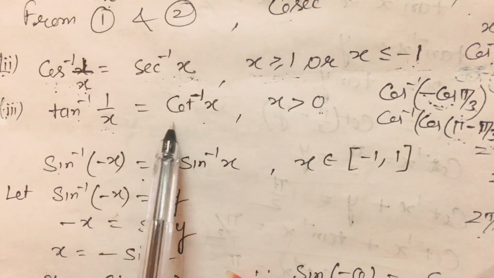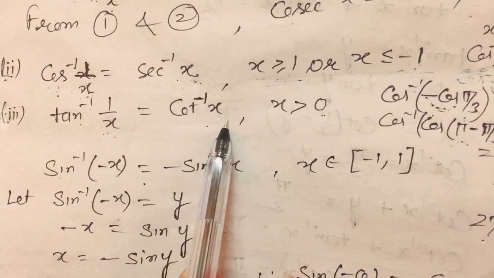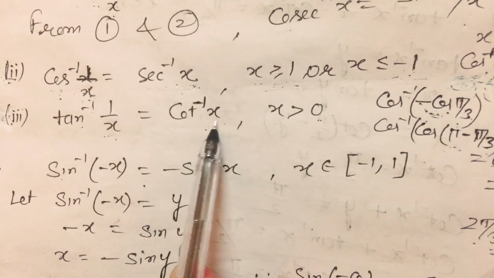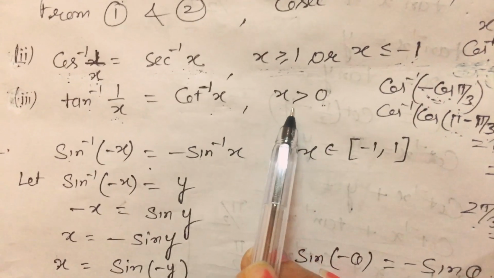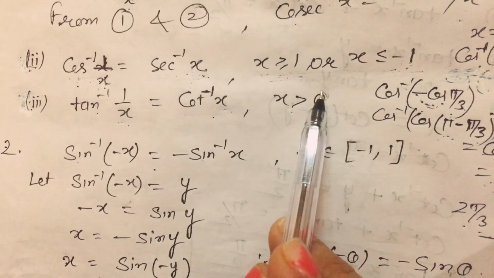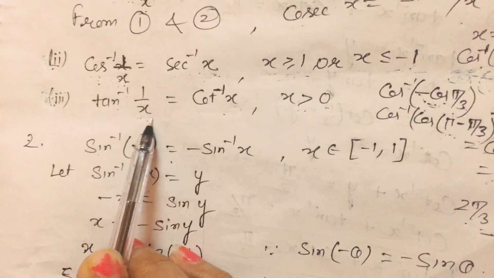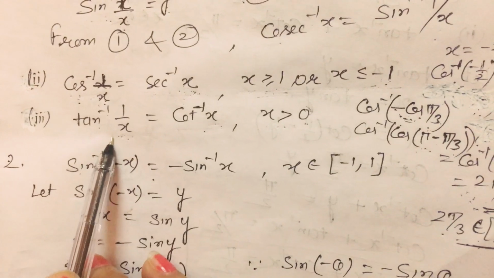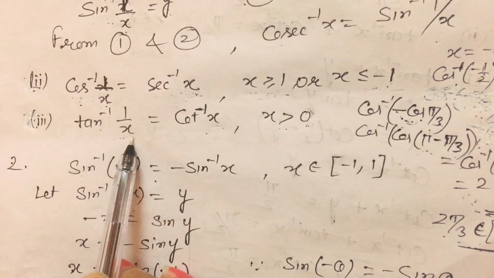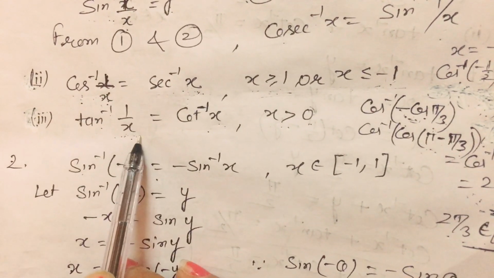We know that the domain of cot inverse is all real numbers, but here we have taken only x greater than 0, because when we take 0 it will not hold, and if we take a negative value it will also not hold.